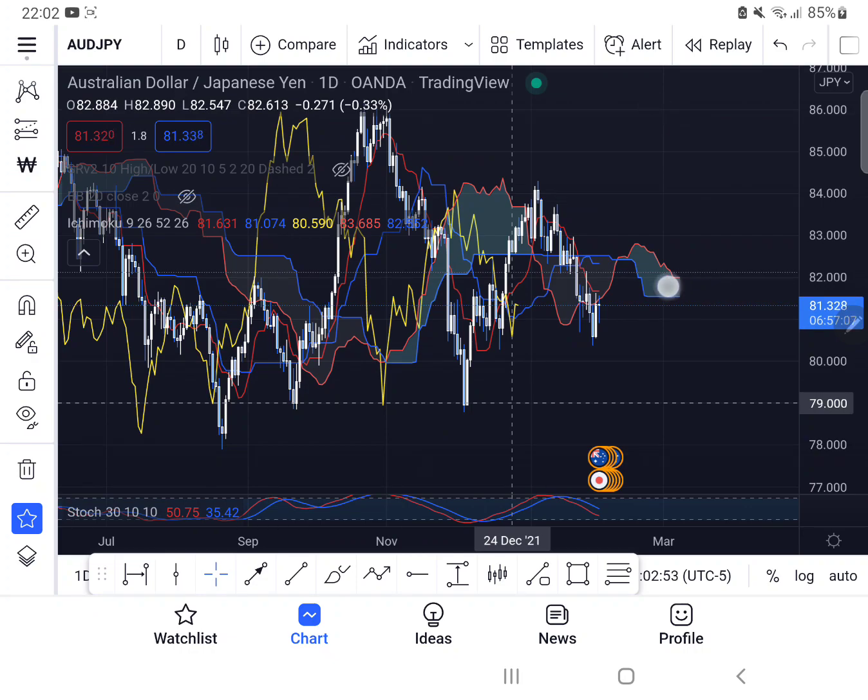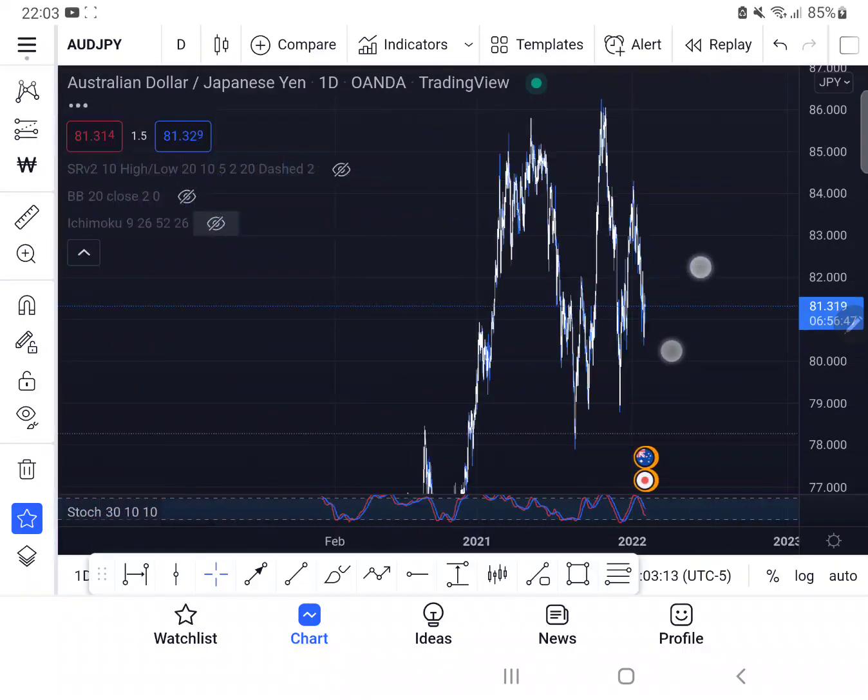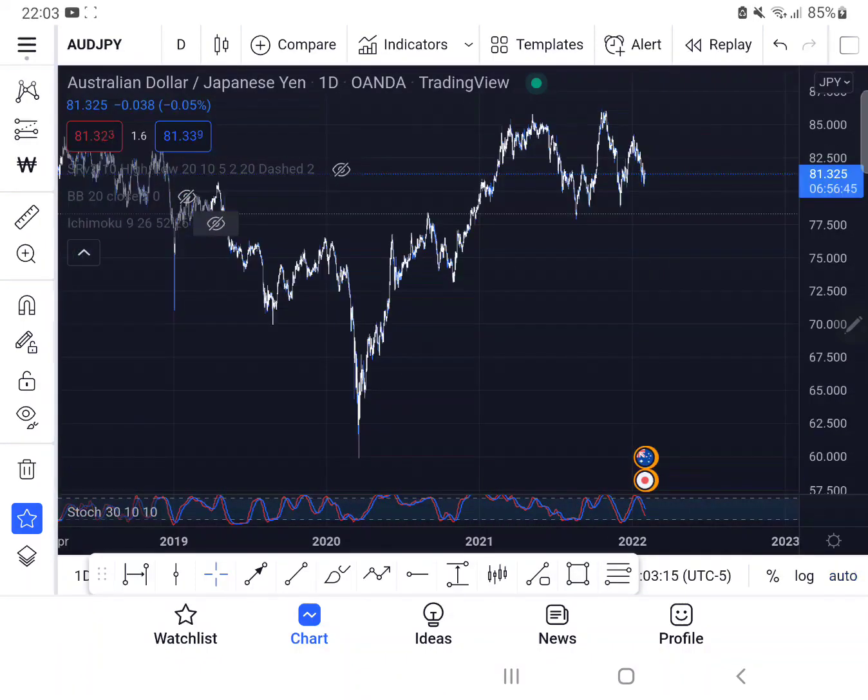The Kumo is now fresh, the leading span is flat, but the base of the cloud is fresh also. It may be just sideways for now. So what is the price pattern for now for the AUD/JPY?